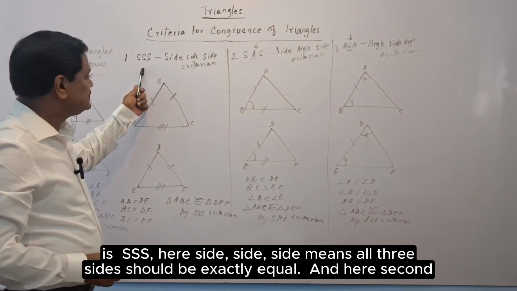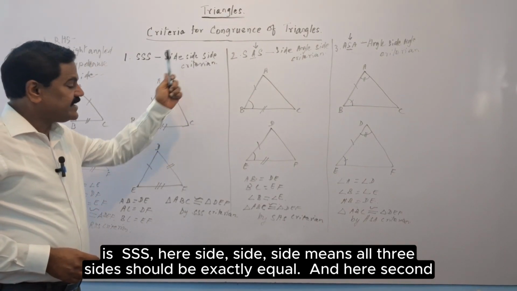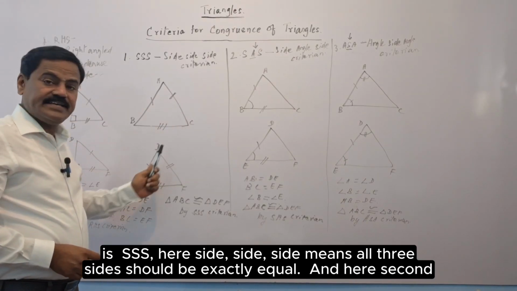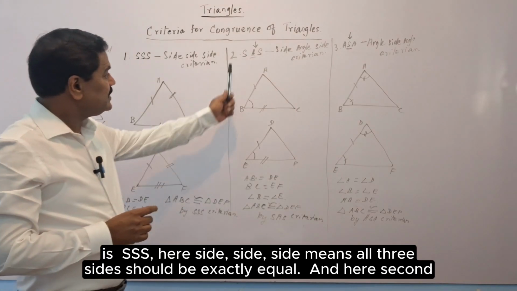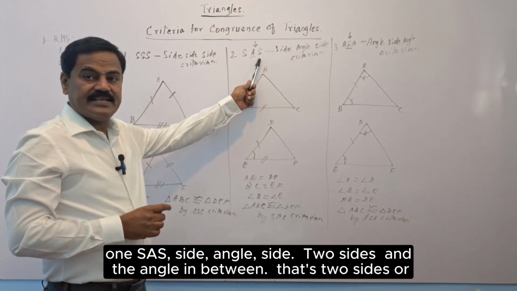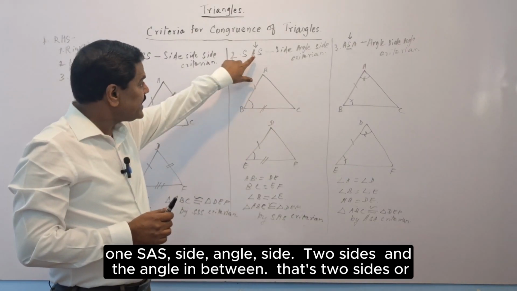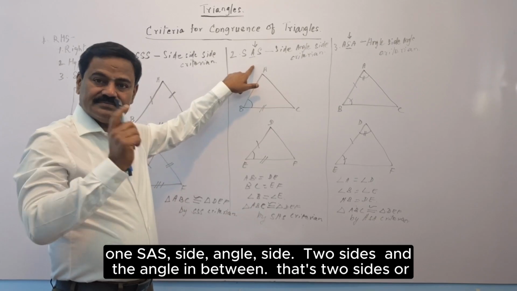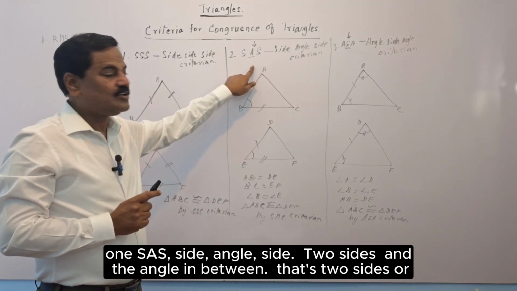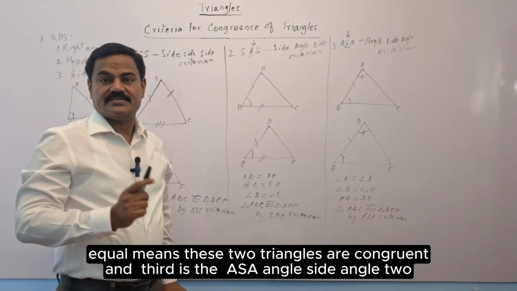One is SSS. Here, side, side, side means all three sides should be exactly equal, right? And second one, SAS, side, angle, side. Two sides and the angle in between that two sides are equal, means these two triangles are congruent.